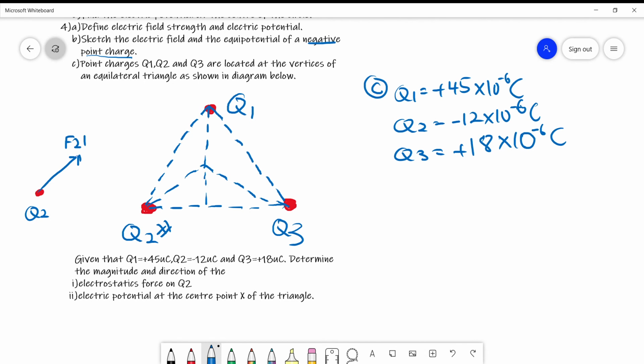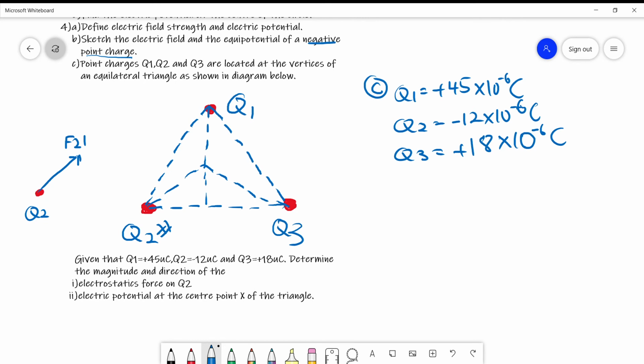Alright, between Q2 and Q3, since Q2 and Q3 are different charges, both of them are attractive to each other.